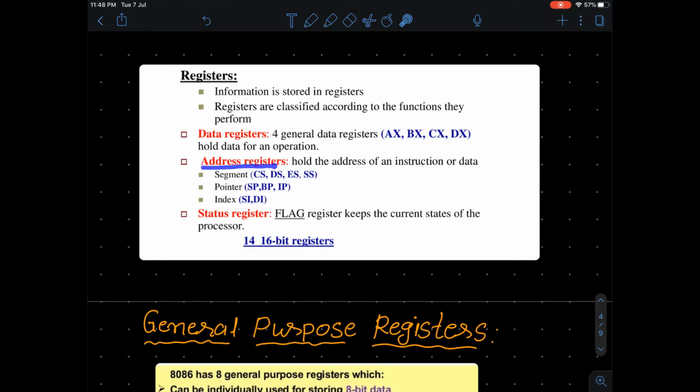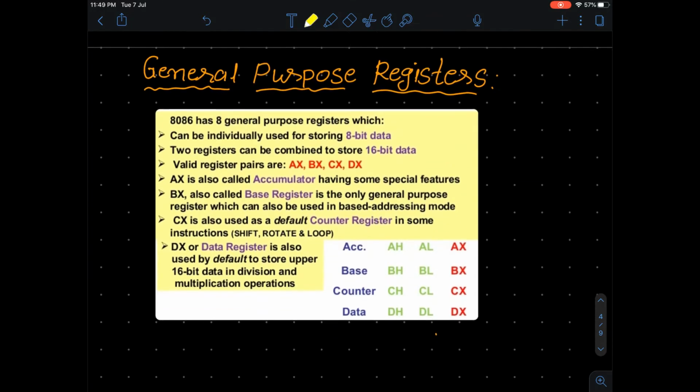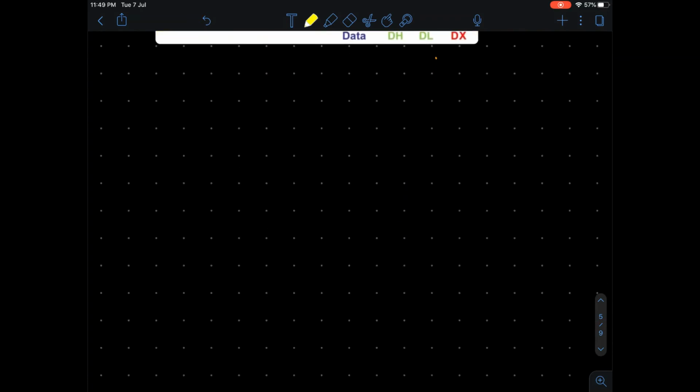Address registers, which are used to hold the address of instructions or data, and there are 3 types: segment registers such as CS, DS, ES and SS; pointer registers such as SP, BP and IP; and index registers SI and DI. And a status register, which is also called the flag register. So these are a total of 14 16-bit registers of 8086. Now we'll discuss all those registers one by one.